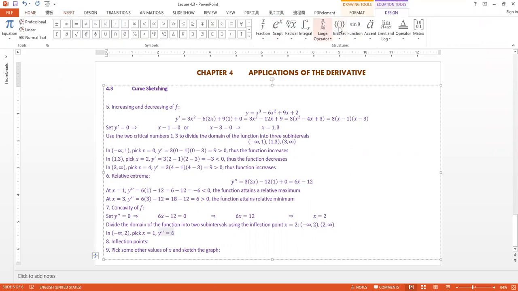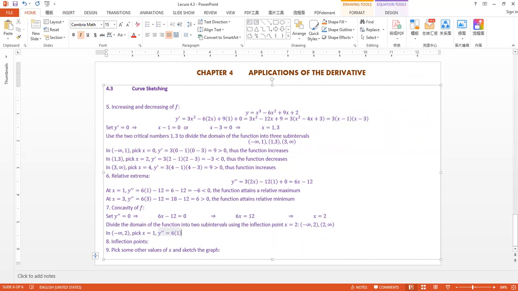If you plug in 1 for x, that's 6 minus 12, so that's negative 6. So negative. We know when the second derivative of the function is negative, the function is concave down.